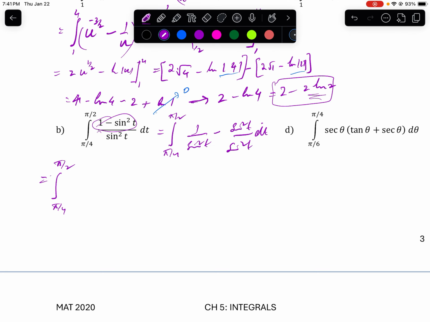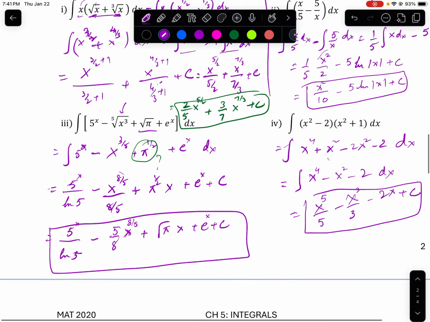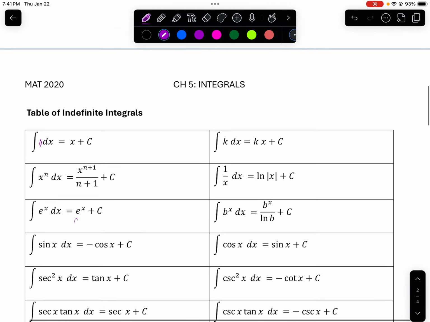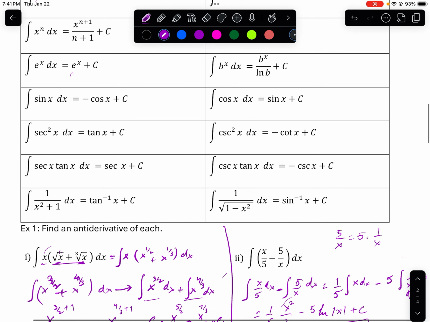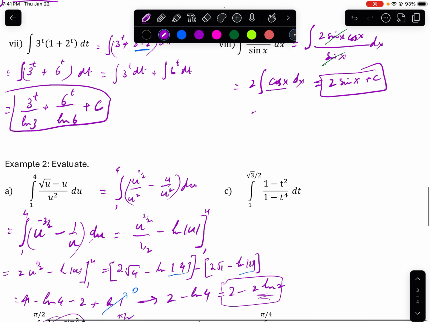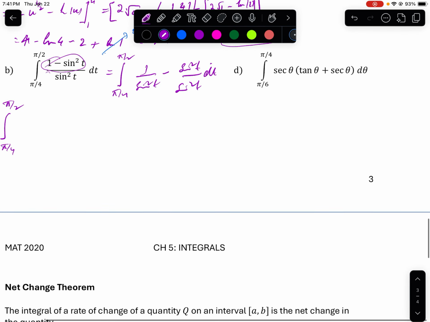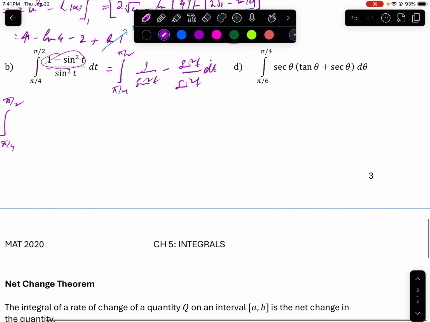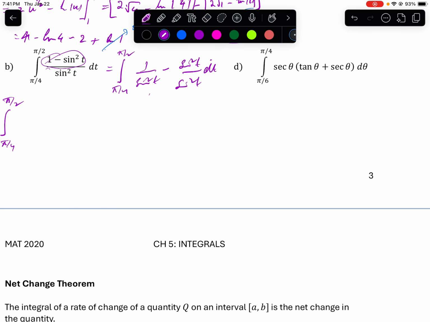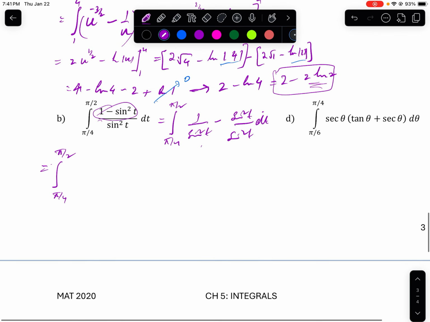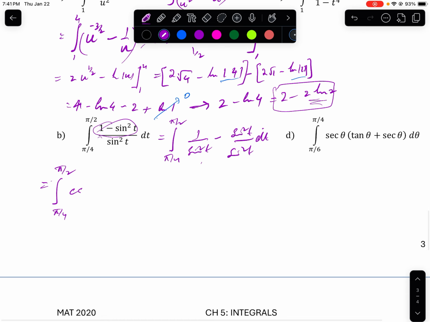Do we have something like that in our table? I am seeing this one, cosecant squared x. Since 1 over sine is cosecant, 1 over sine squared is cosecant squared t. We have cosecant squared t, and this is 1 minus 1 dt.